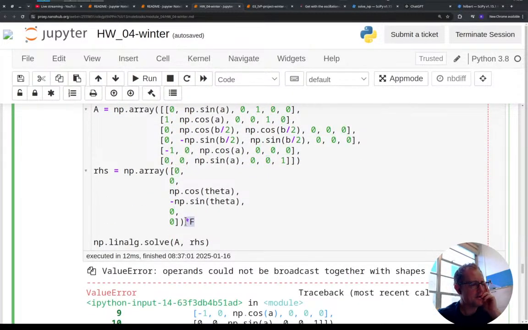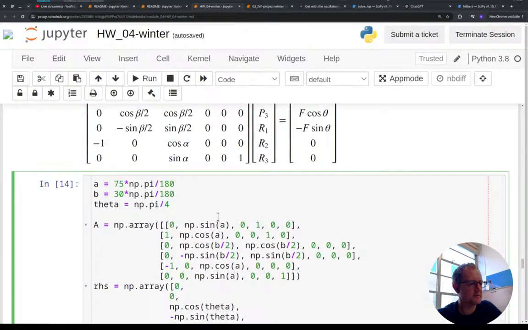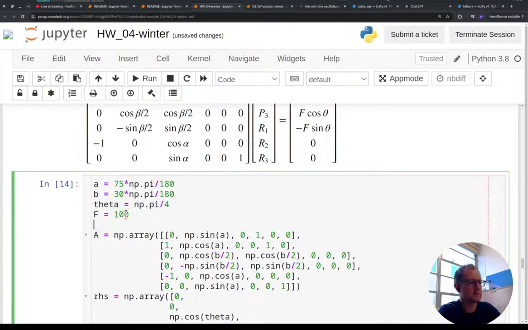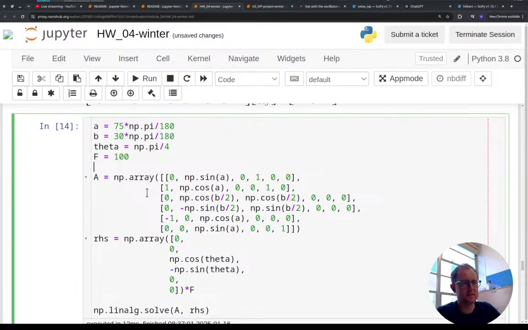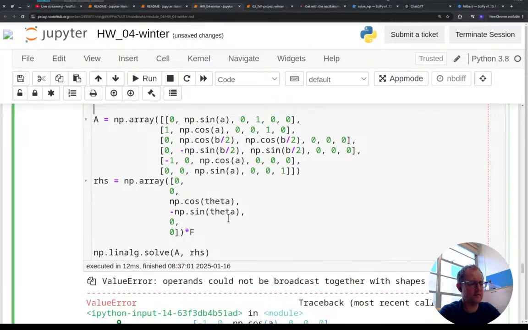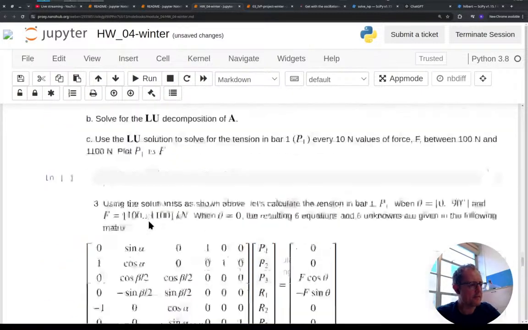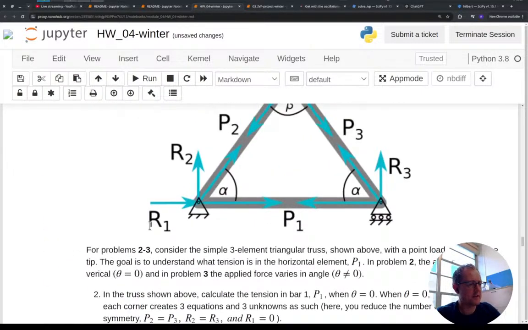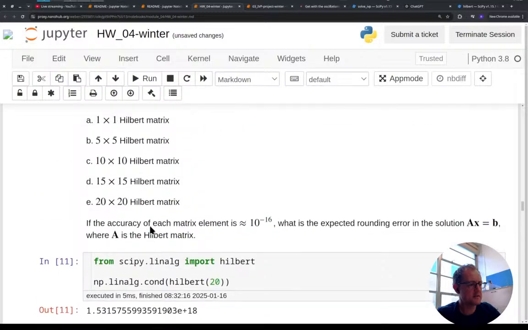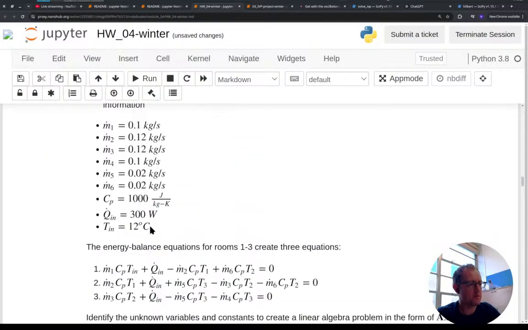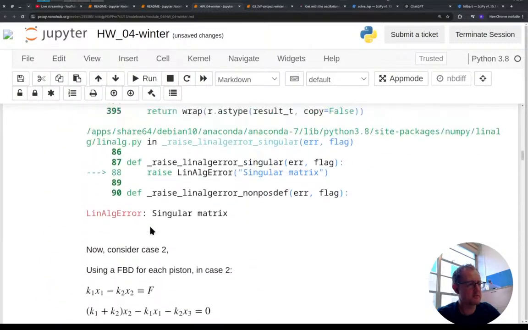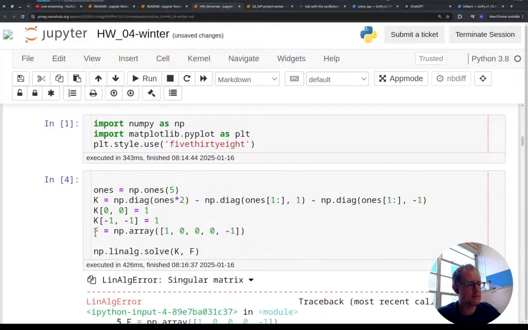So maybe f is still defined as something. I'm going to make sure that f is a scalar value and see if that helps. That worked. Okay. So f was probably still defined as, coming all the way back up here, this one.